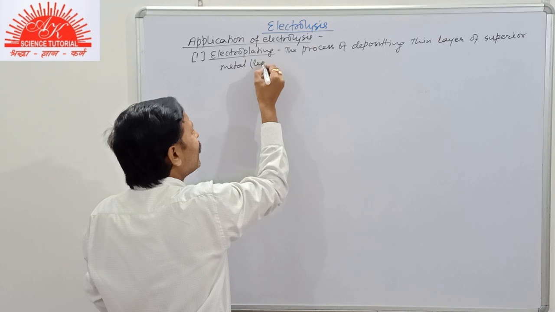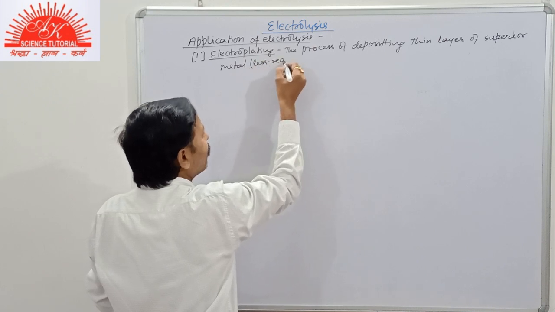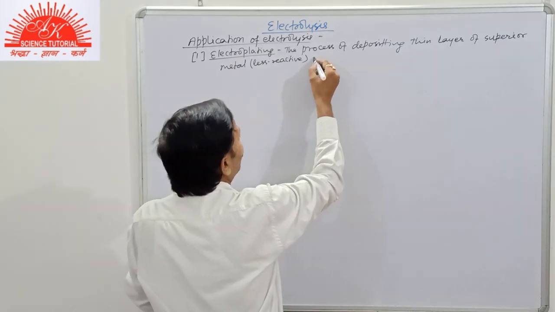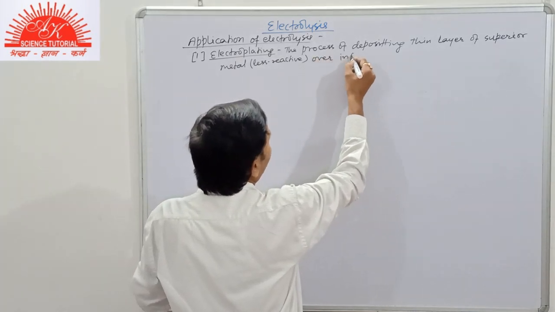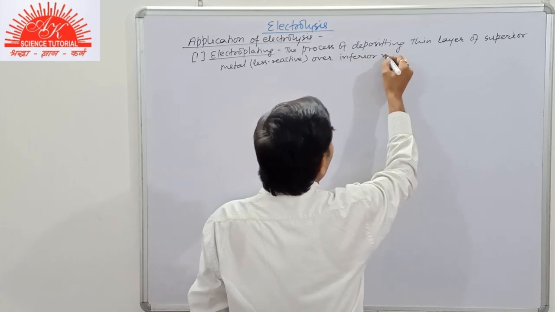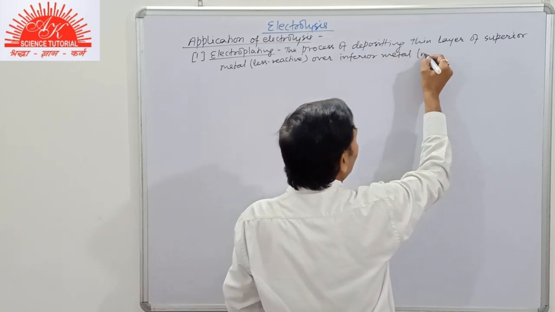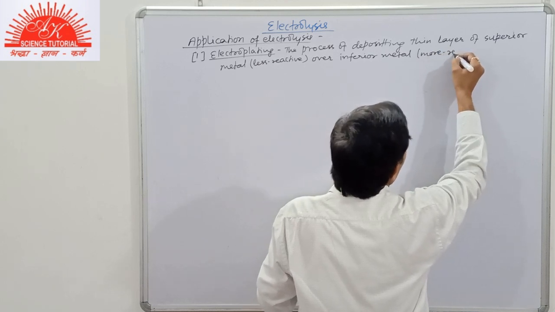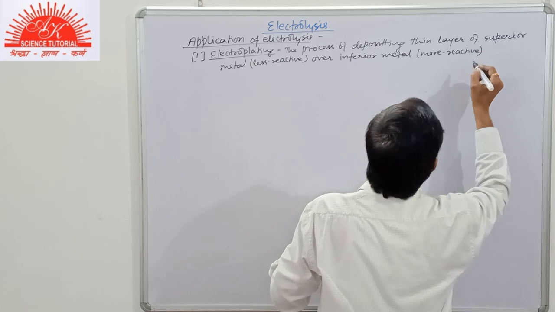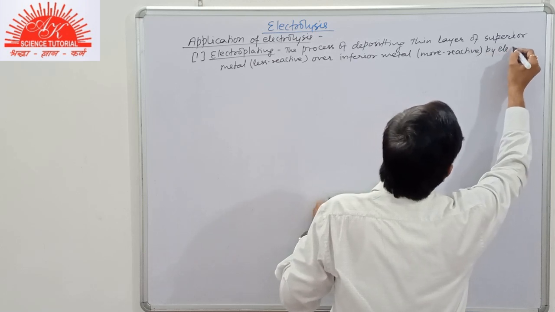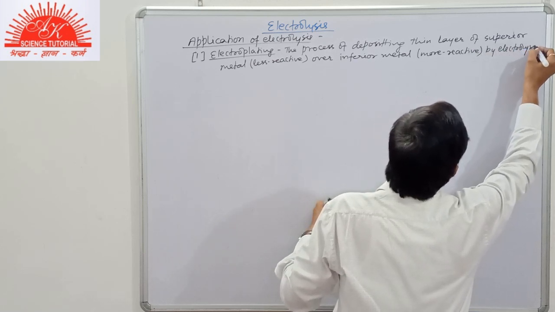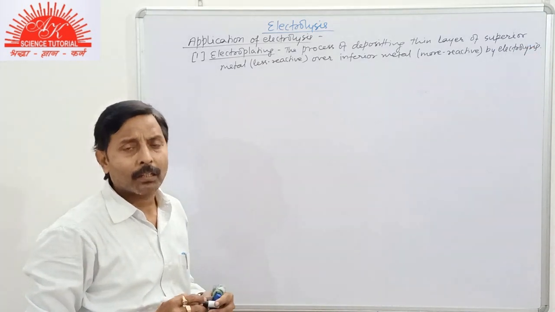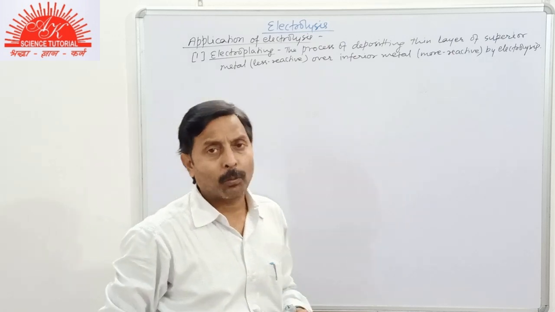Superior metals means less reactive, because they will not take part in reaction, they will not be affected easily. Superior metal over inferior metal, that is more reactive, which is easily affected, easily corroded, by electrolysis is known as electroplating.